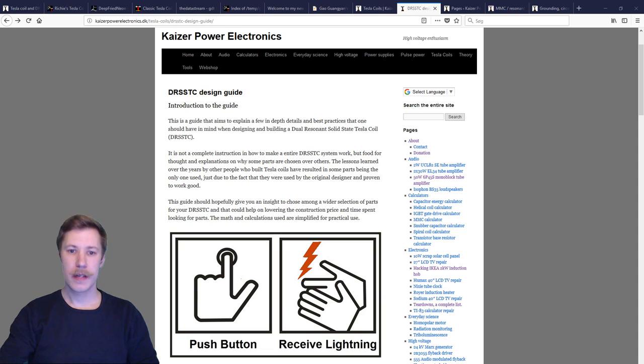So the plan for tonight is to give you a little insight into how you would go about starting to build a DRSSTC. At some point I made this graphic that says push button, receive lightning, because it's a way of showing how simple it is, and then again, not at all.